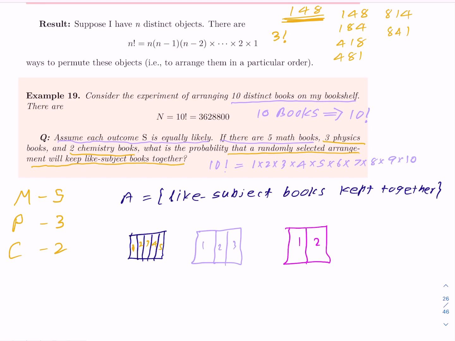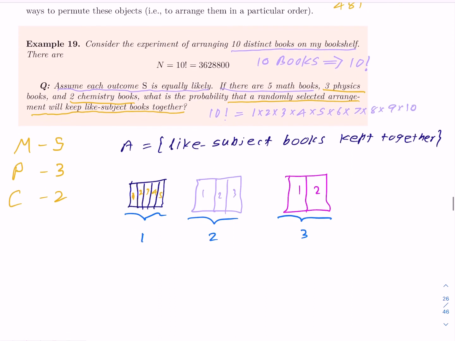Now suppose you bundle these math books together, and similarly the physics and chemistry books. Now how many do you have in total? Three bundles. How many ways can we arrange the bundles, not the books inside them?